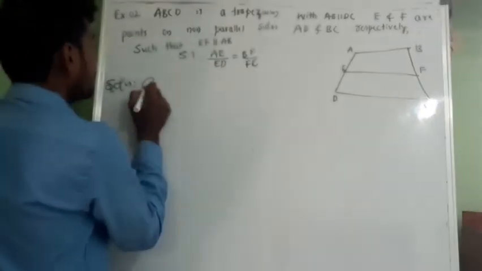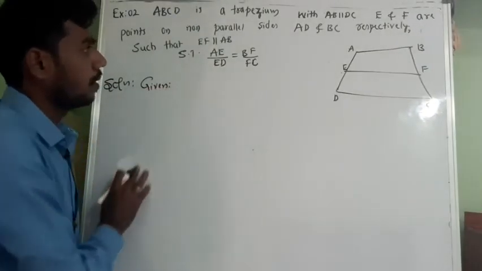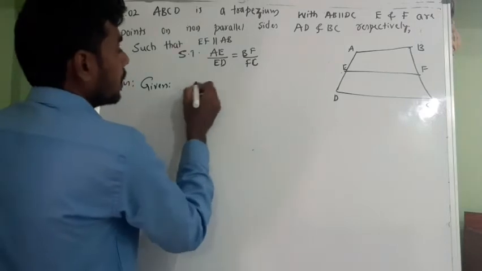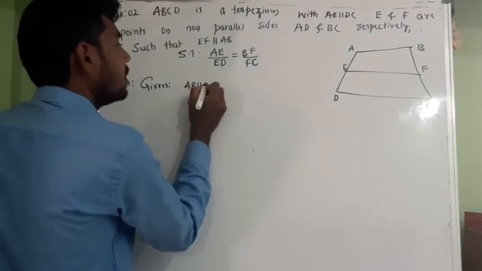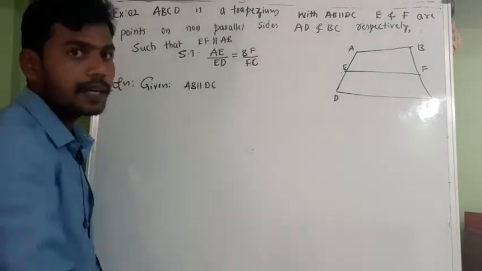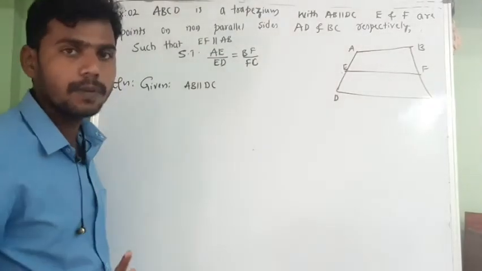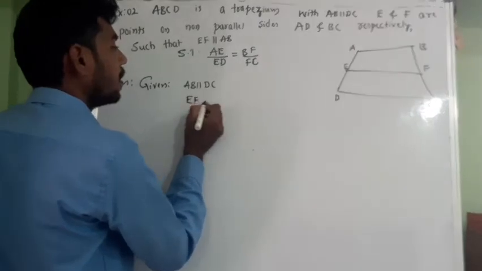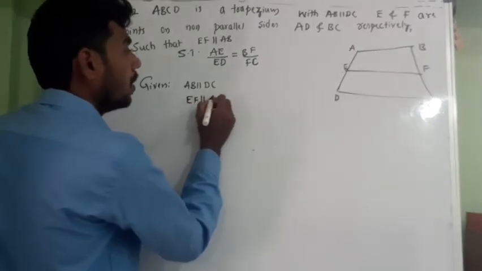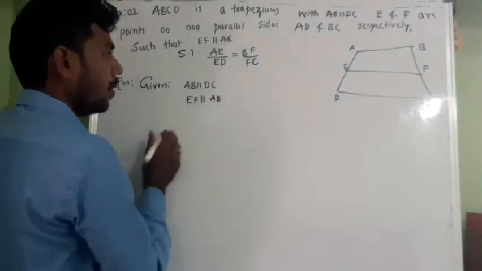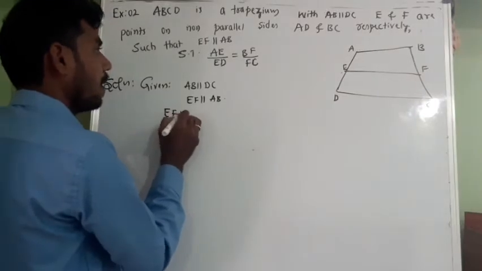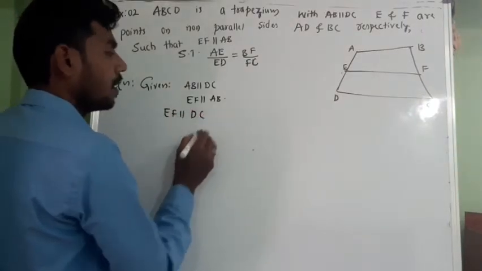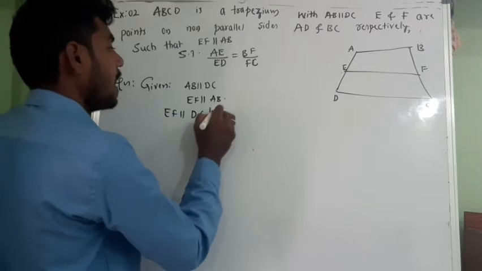What is given to us? AB is parallel to DC by default because it's a trapezium. One pair of the sides will be parallel. And they have mentioned that EF is parallel to AB. Therefore, EF is parallel to DC.